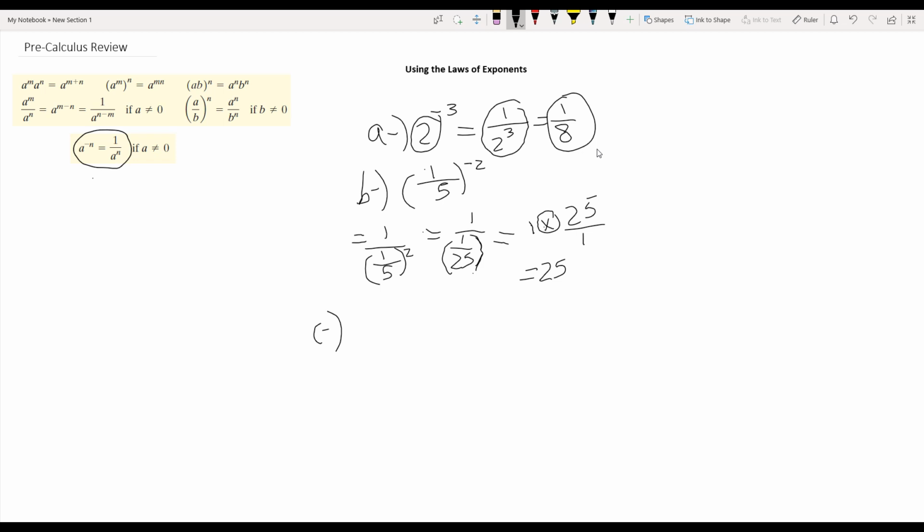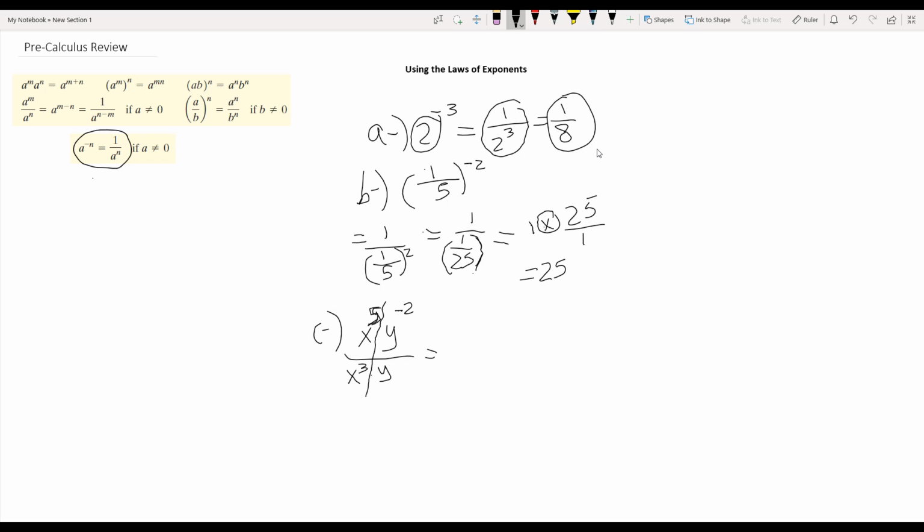So now we got the following problem: x to the fifth times y to the negative 2, over x to the third power times y. Okay? Great. So here we can simply split this fraction since we are multiplying.